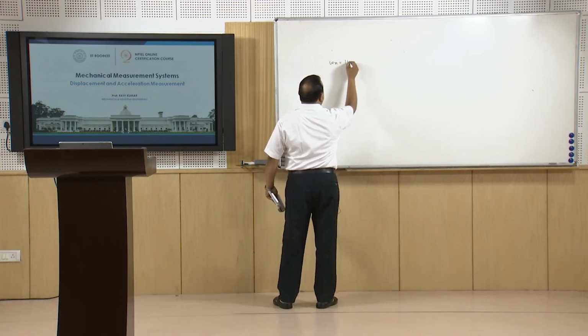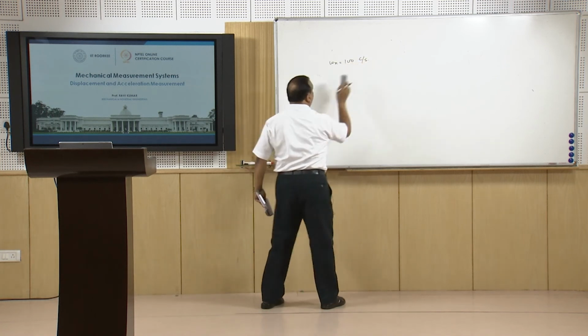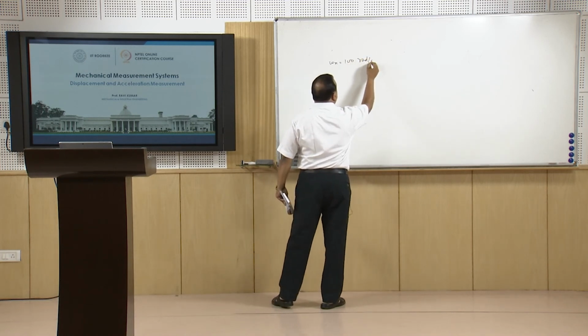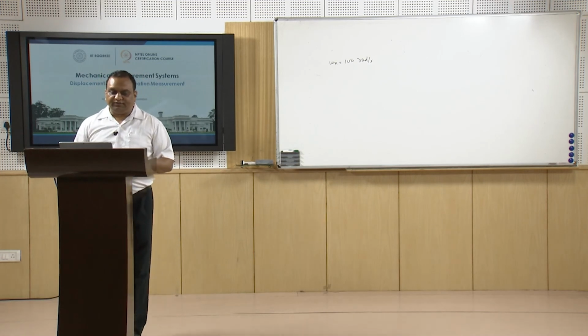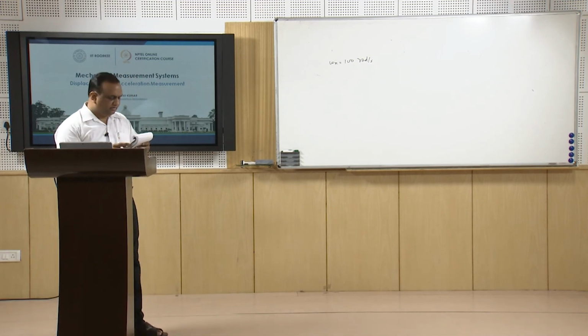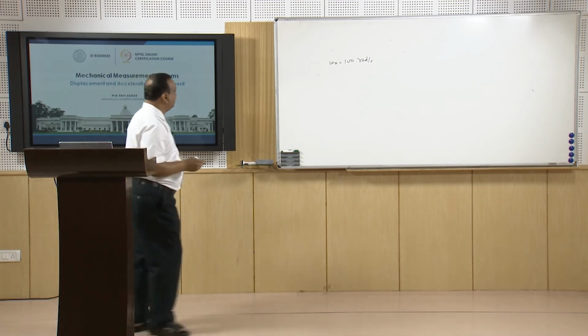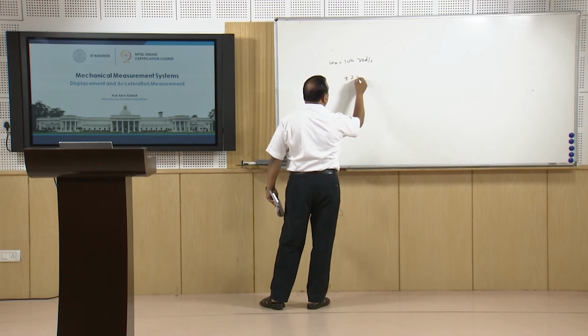Sorry, radians per second, not cycles per second. And a displacement sensing transducer detects a maximum of plus minus 2.5 mm.